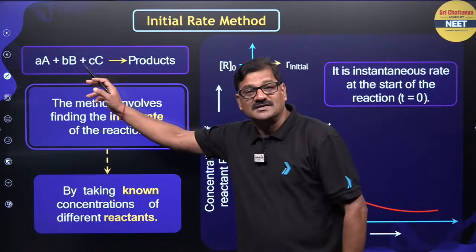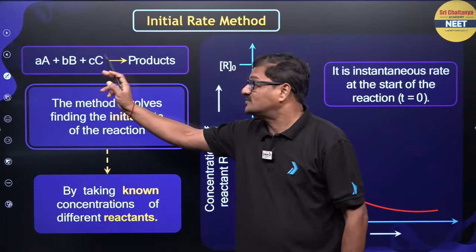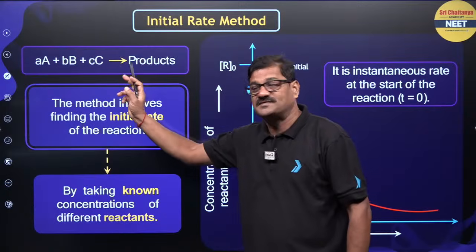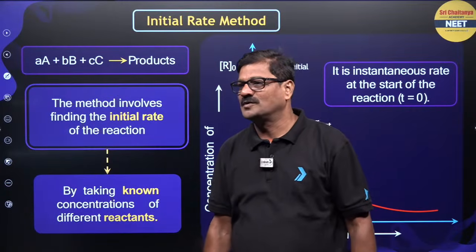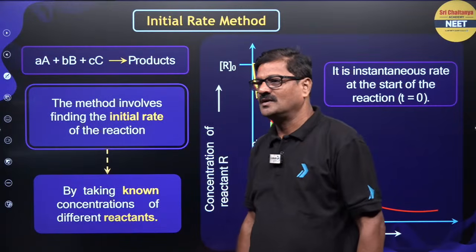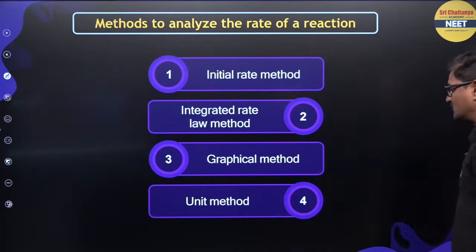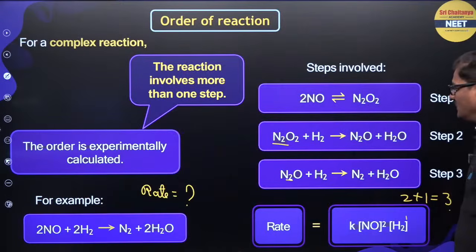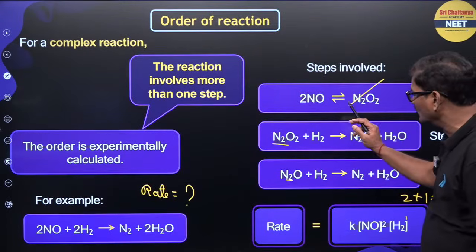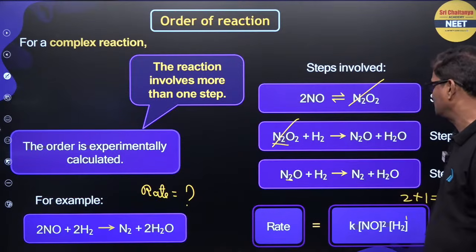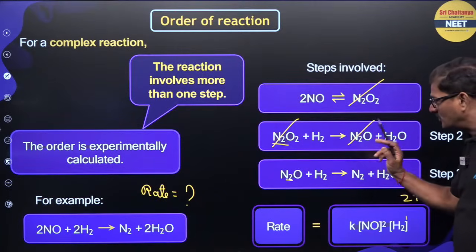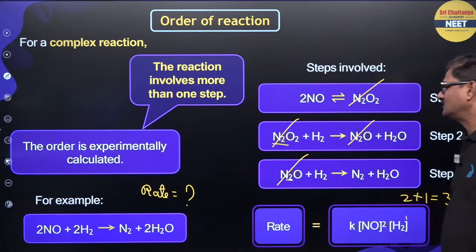Let's say, मान के चलो, a moles of A plus b moles of B plus c moles of C gives us some useless products, right? इसमें ये तीनों में देखो N2O2 is formed, N2O2 is consumed. N2O is formed, N2O is consumed.